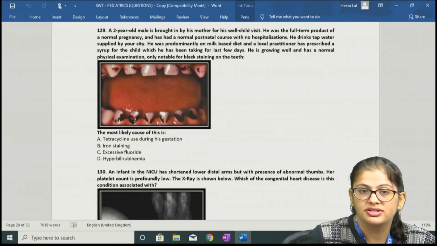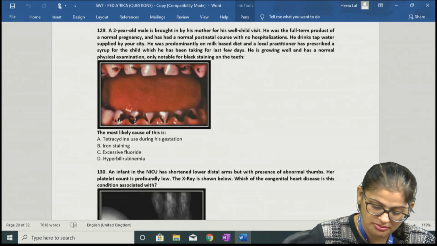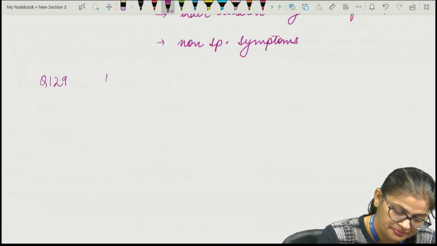He drinks tap water supplied in the city. He was predominantly on milk-based diet, and a local practitioner had prescribed a syrup for the child, which he had been taking for the last few days. He is growing well and has a normal physical examination, only notable for black staining on the teeth. The most likely cause of this is, and the correct answer is option number B, that is iron staining.